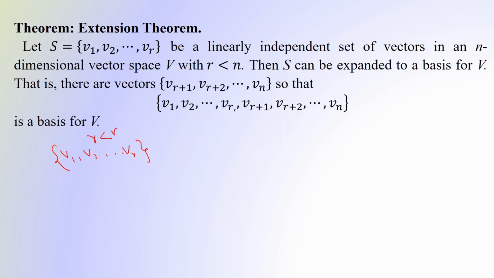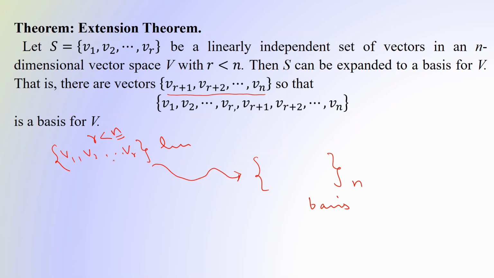So the idea again: v1, v2, ..., vr is linearly independent, r is less than n. Now this can be extended by adding other vectors v_{r+1}, v_{r+2}, ..., vn. Why is that? Because we know the dimension of the vector space is n. If we have n linearly independent vectors, it is a basis for the vector space.